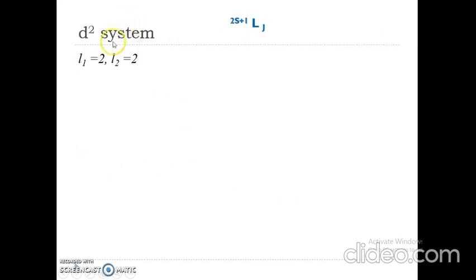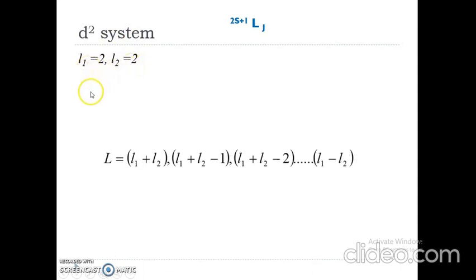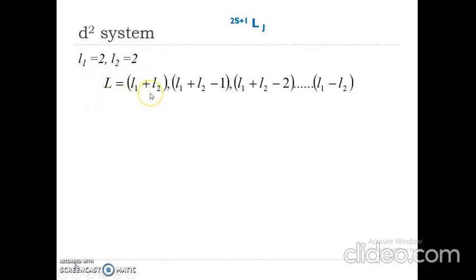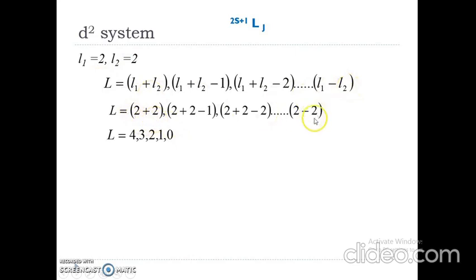For a d2 system, since there are two electrons, we will write l1 equals 2 and l2 equals 2. For the first electron, the l value is 2. For the second electron also, the l value is 2. So total L will be l1+l2 up to l1-l2. That is 2+2 up to 2-2.